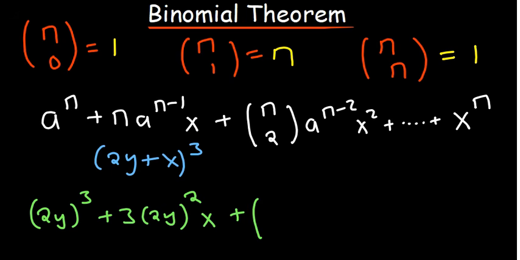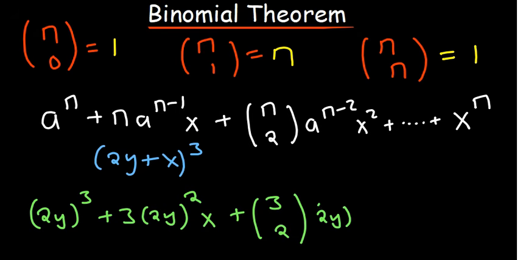Plus, now this is where you'll be introducing the binomial coefficients. Your n is 3, you are choosing 2. And then you have a, your a is still 2y.